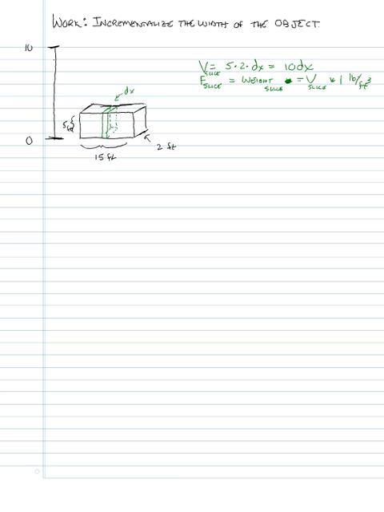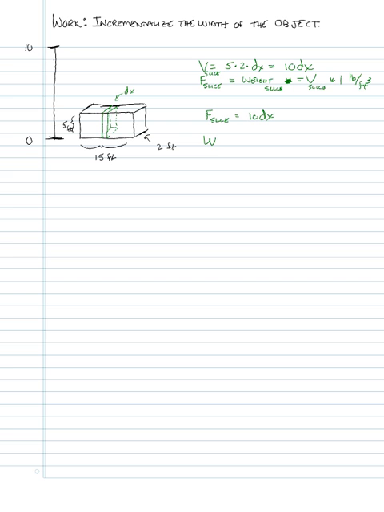So just one, it will be equivalent to that volume. Let's calculate that force. Well, that force, just as I said, is the same as the volume, which is 10 dx.